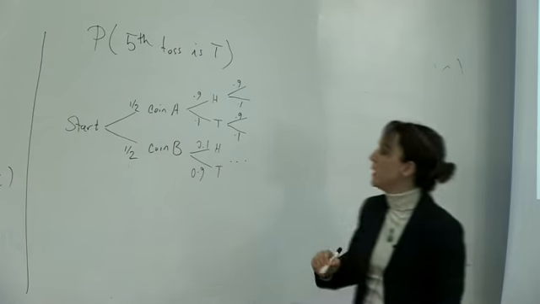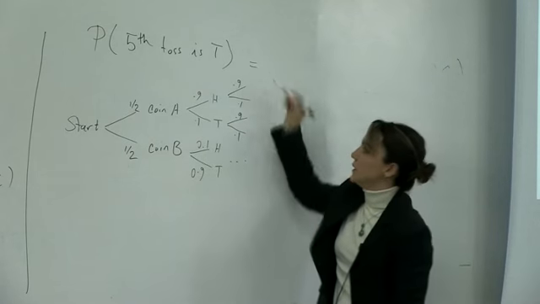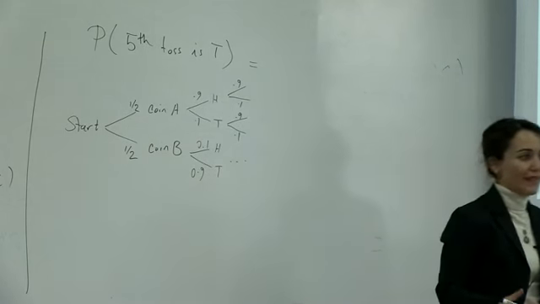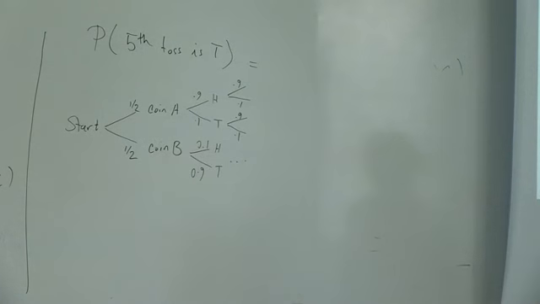So let's compute the probability in general without conditioning on which coin I've picked. What is the probability that the fifth toss of the coin in this experiment is tails? Does it matter whether I consider the fifth or the sixth or the first? No.